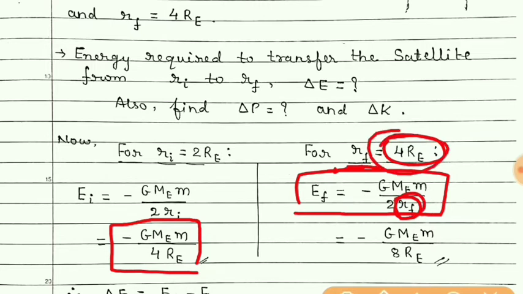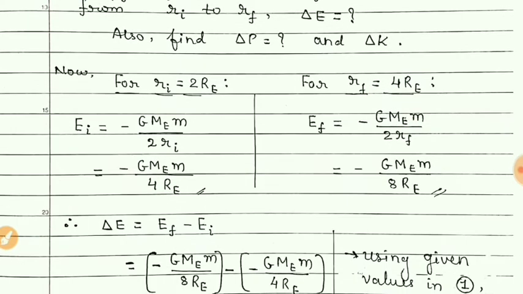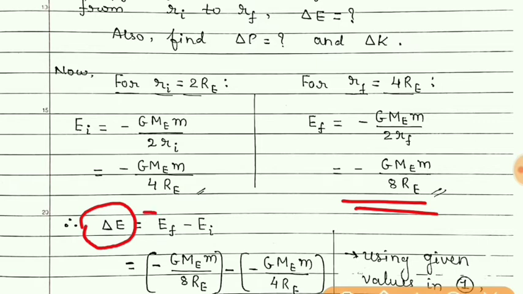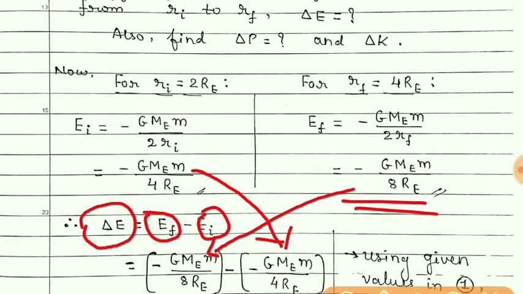So just put 4Re in place of Rf and you will get the final energy of the satellite. Now the change in its energy will be final energy minus initial energy.